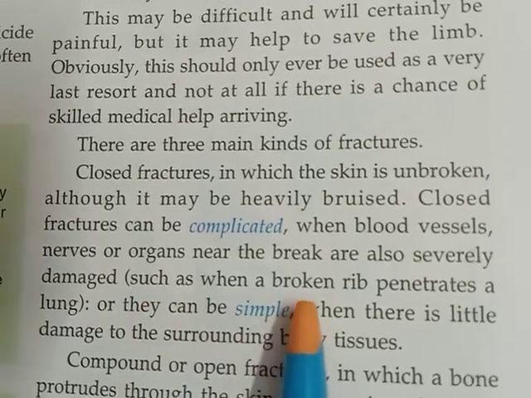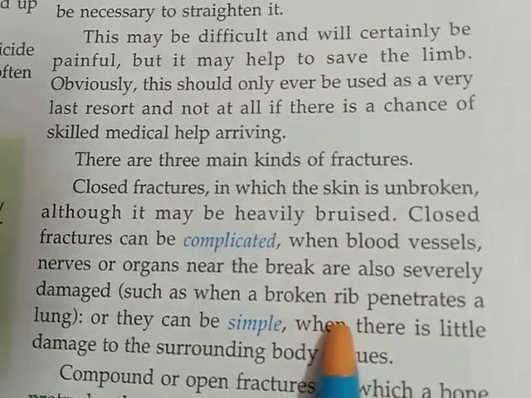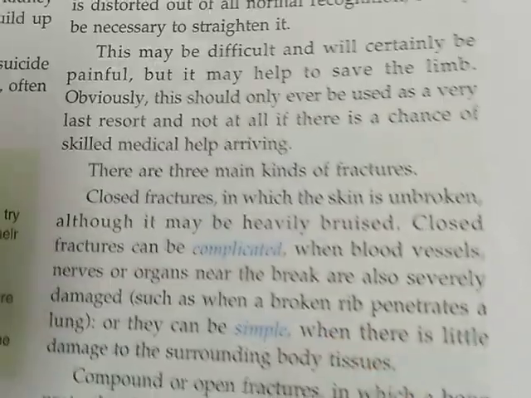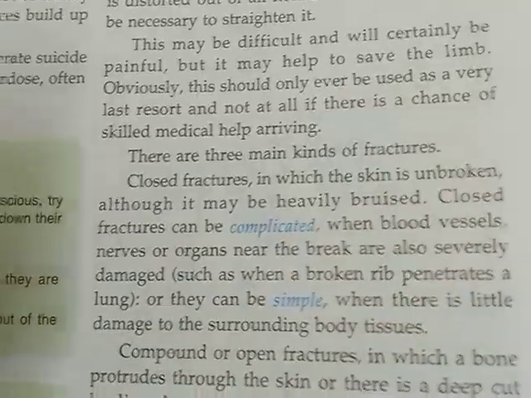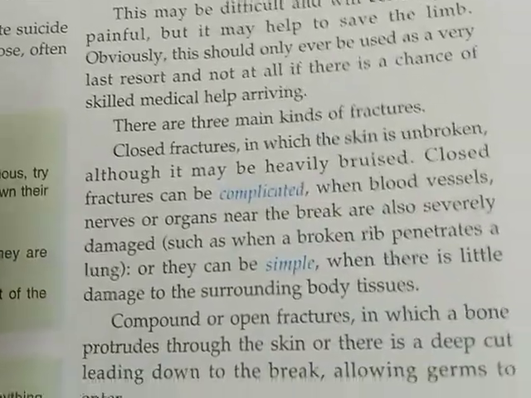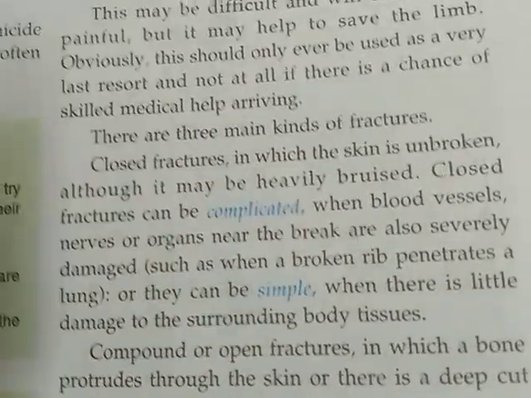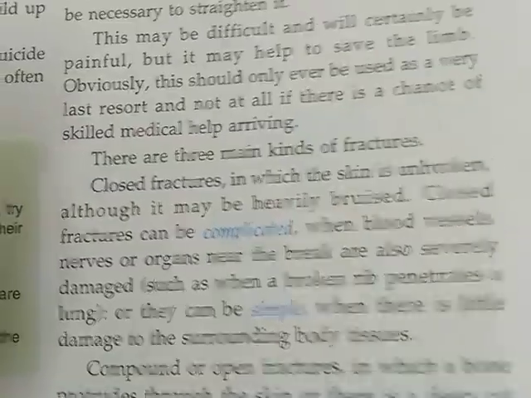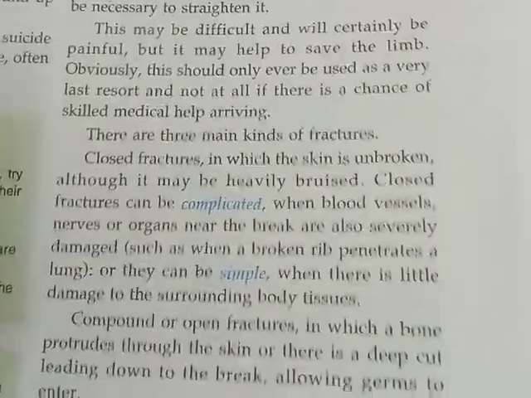Suppose a rib is broken. When the rib is broken, what happens? After breaking, it will puncture the lungs, or it will penetrate into the lungs. So fracture is there, and with that fracture, the organs and the blood vessels surrounding that area also get damaged. That is known as a complicated closed fracture.